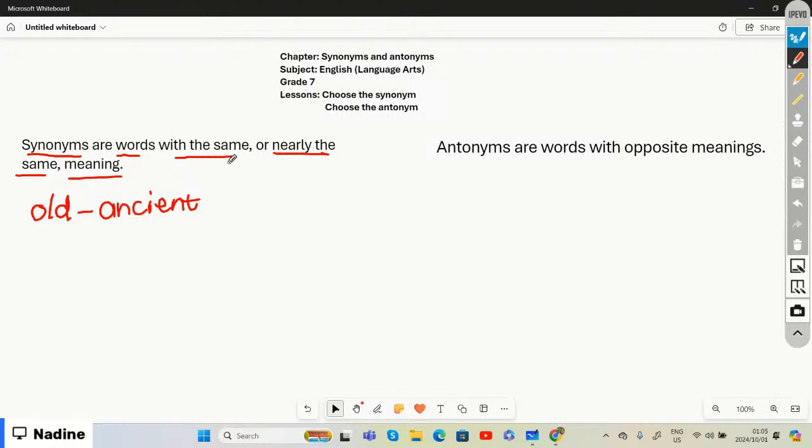Another word that is the same or almost the same is to speak or talk. Both of these words you can use in a specific sentence, where you are uttering words. You are saying something. It's like you're speaking or you're talking.